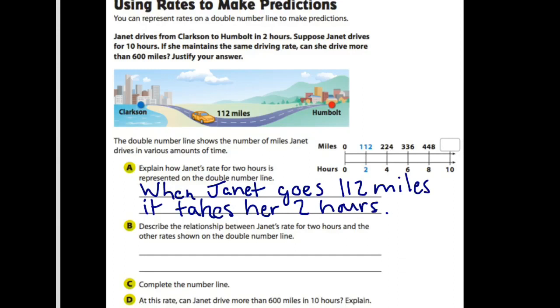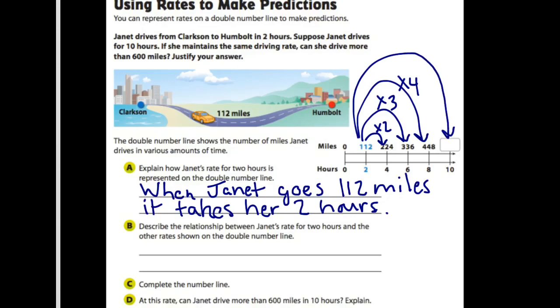So it looks like they just keep multiplying, by 1, by 2, by 3, by 4. So this is times 2, this is times 3, this is times 4, and the next one would be multiplied by 5 to get me that blank spot.